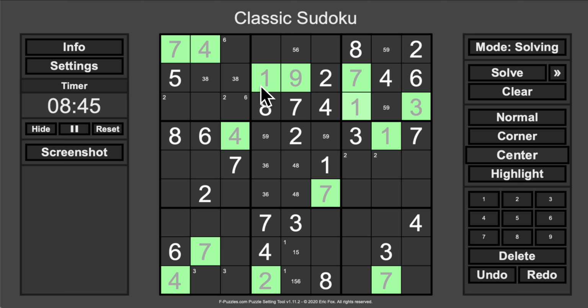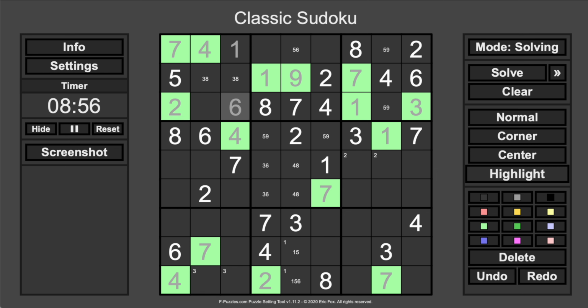But that 1 and that 1 now combine. That has to be a 1, which by my pencil marking means that has to be a 6 because that's the only corner left, and that means that has to be a 2. Five or 9.